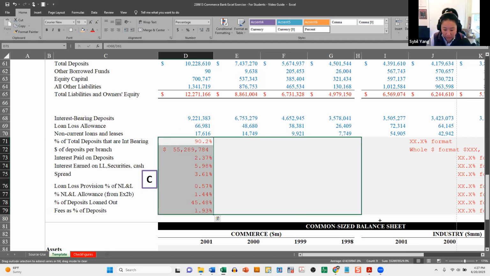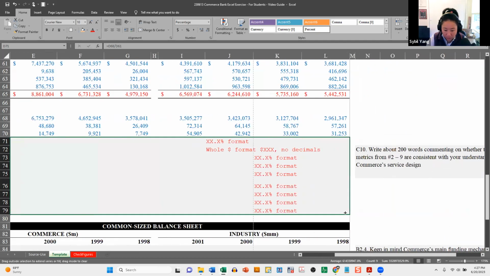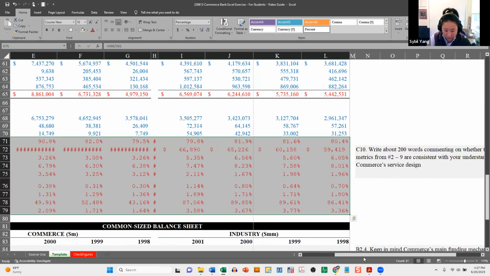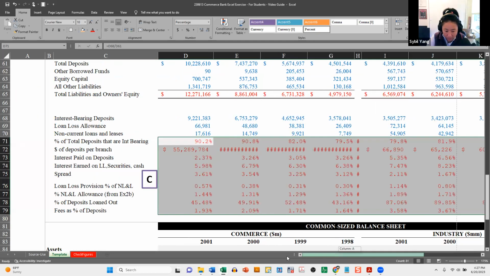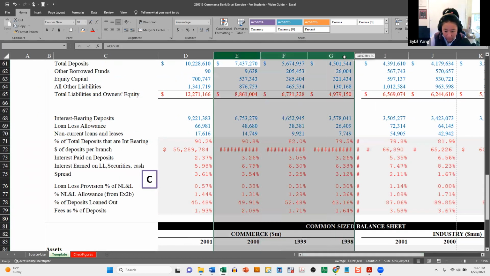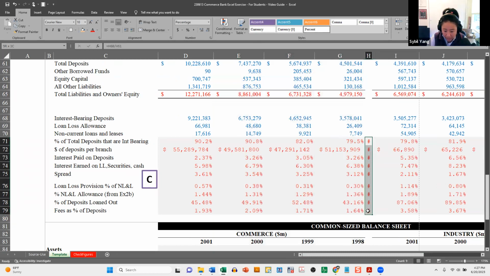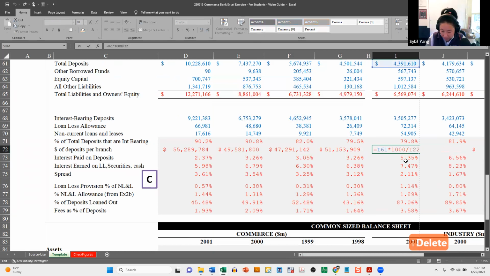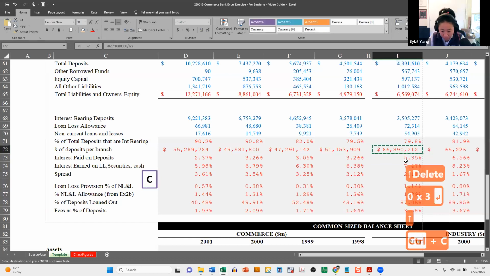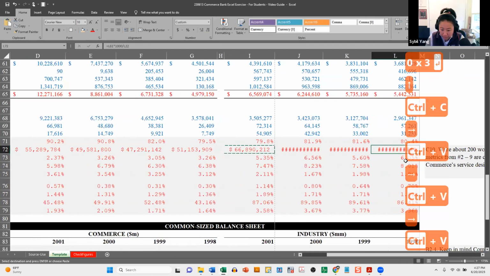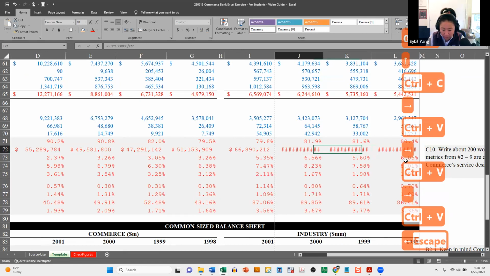Go ahead and copy those all across. Okay, those all seem right. And again, I see a big difference between the two, and again, this is because industry is in millions. And I'm going to paste across.